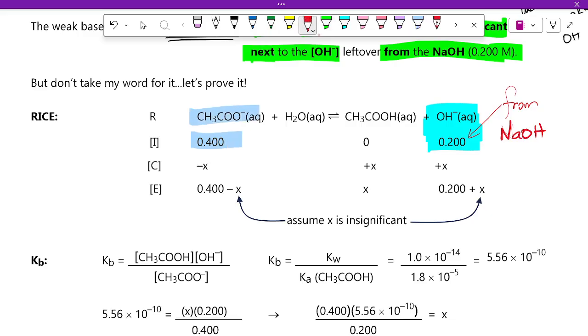Because this is 0, which way does it have to shift? To the right. Plus, plus, minus, and we end up with 0.2 plus x, and over here we end up with 0.4 minus x, and then the weak acid form, we end up with x. All the math.